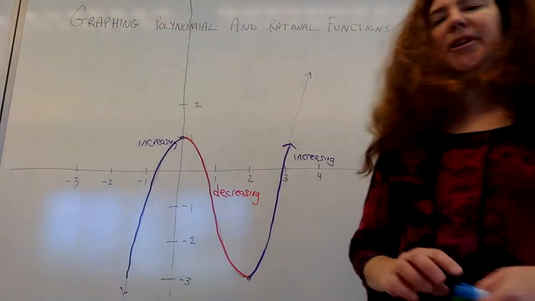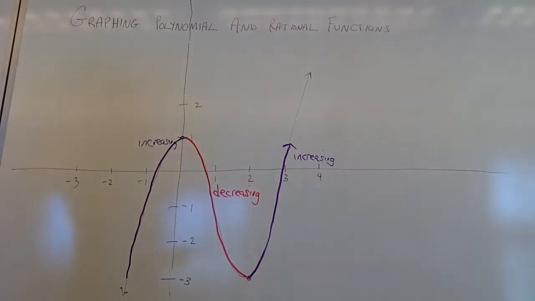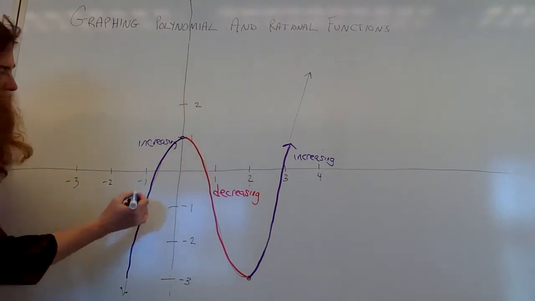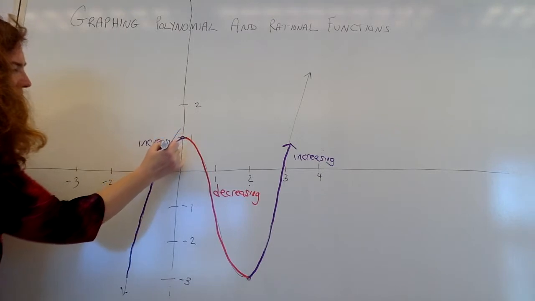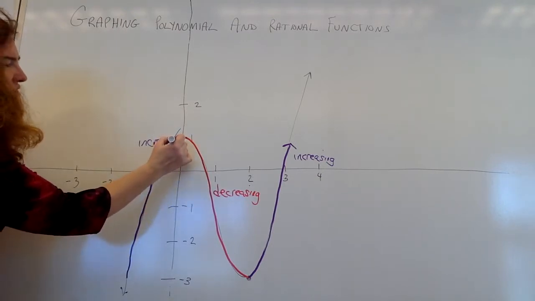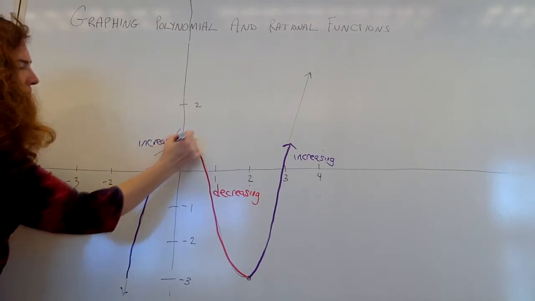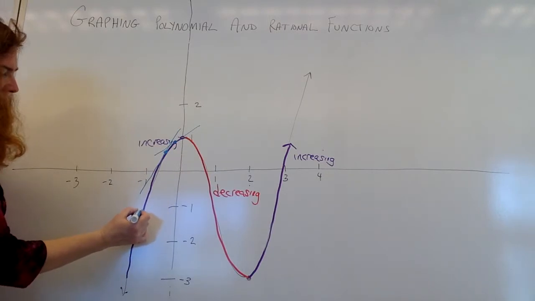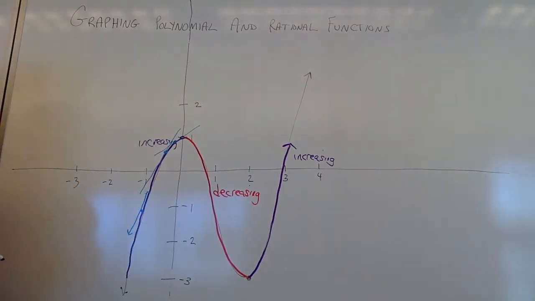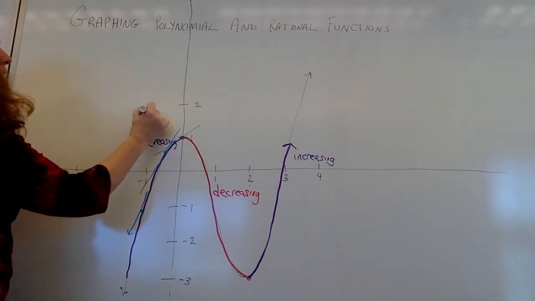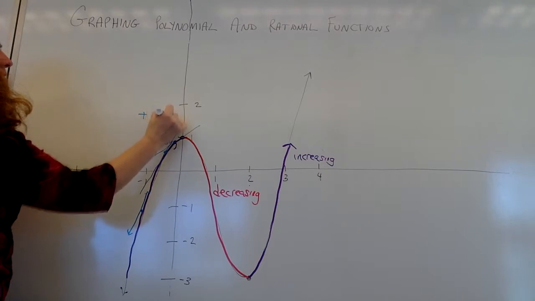Along all of the places where I'm increasing, let's look at the tangent lines. If I look at all of these tangent lines, what do you notice about all of them? What you should notice is they all have a positive slope.